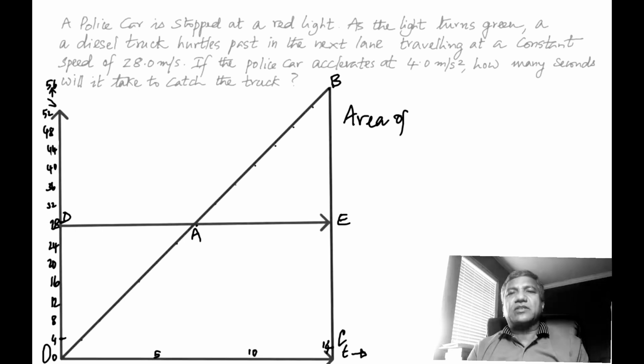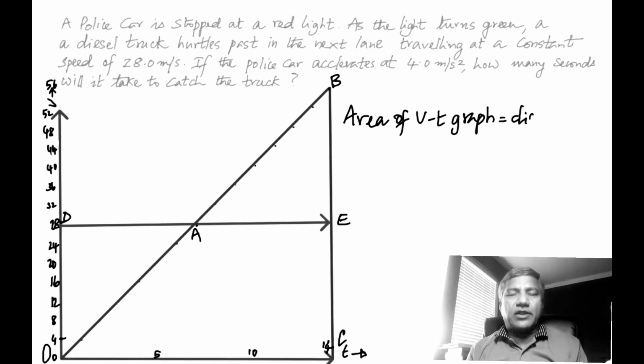And from the velocity time graph, we can find the displacement by calculating the area of the graph. So that's important. The area of the velocity time graph gives the displacement. So if we calculate the areas of both the curves, or between the curve and the x-axis, and set them equal to each other, we will get the answer.